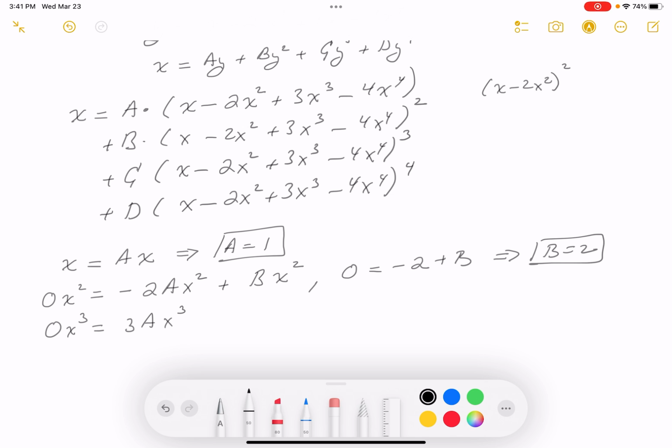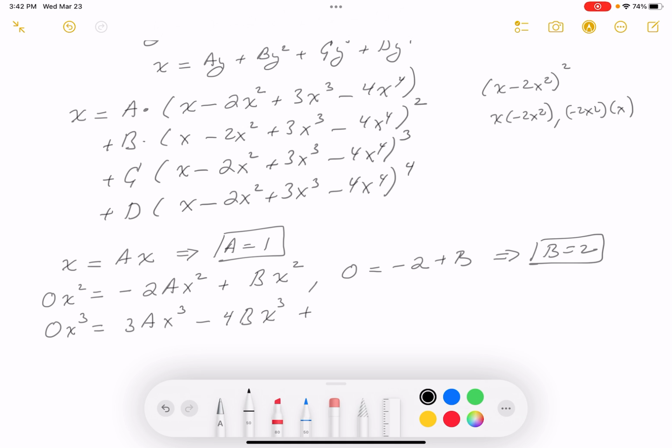It could be x times minus 2x squared, or it could have come from minus 2x squared times x. That would give me a cube. So that's going to be plus b now. And how many are there? They're minus 2, so minus 4. So minus 4bx cubed.